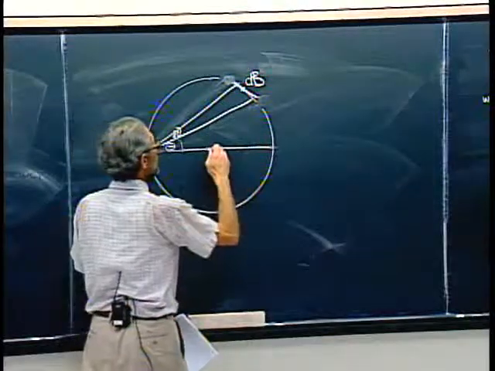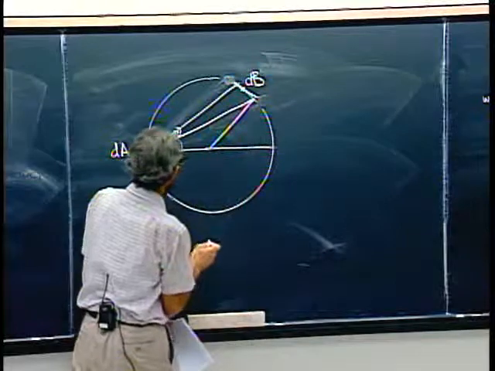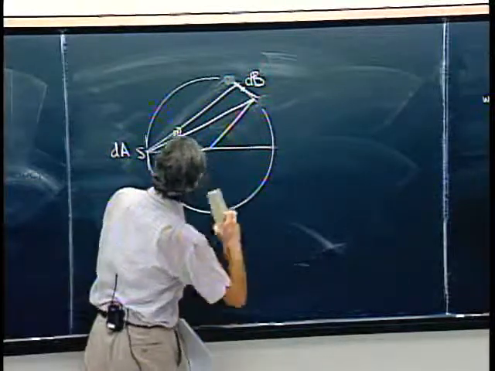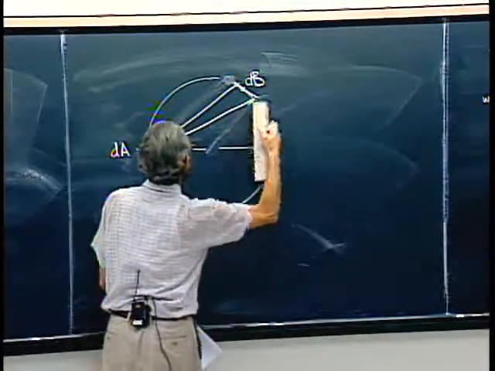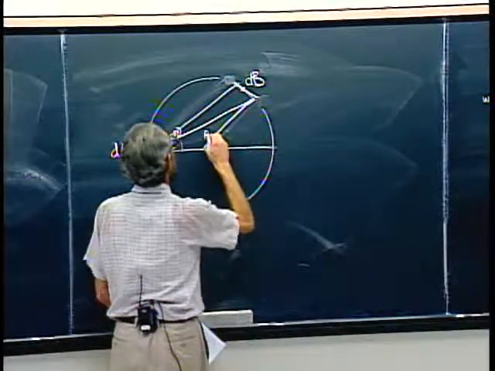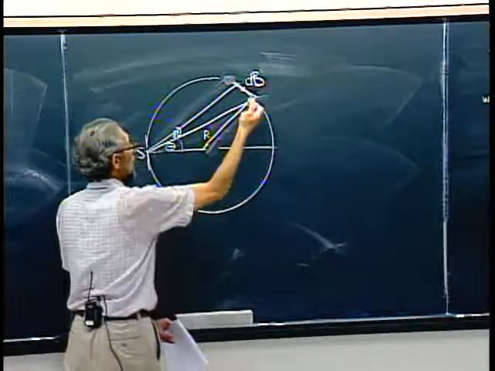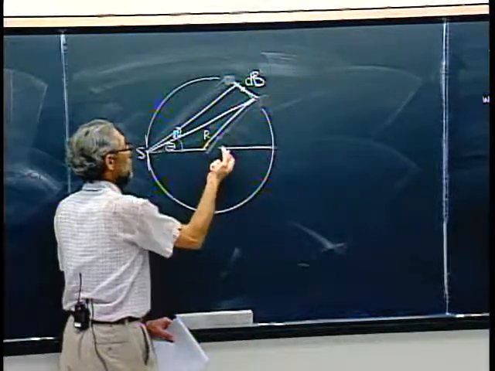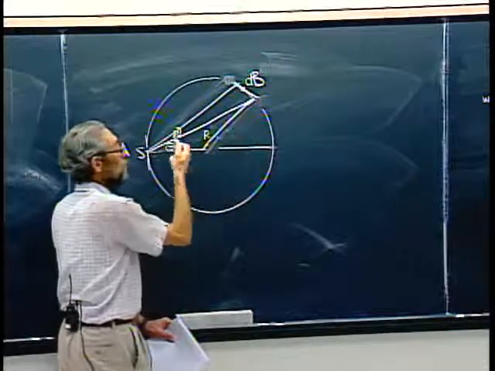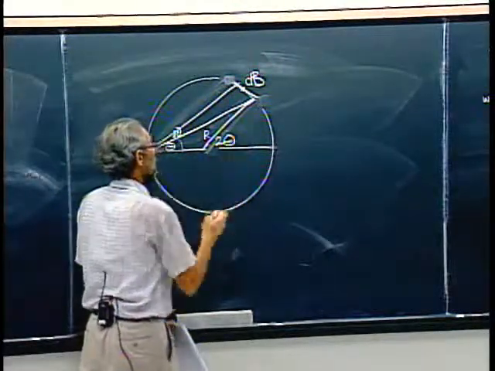Okay, here's my sphere of radius r, and here's my center of the sphere. This is an isosceles triangle, so this exterior angle is equal to the sum of the two interior angles, which are equal, and so this is 2 theta.